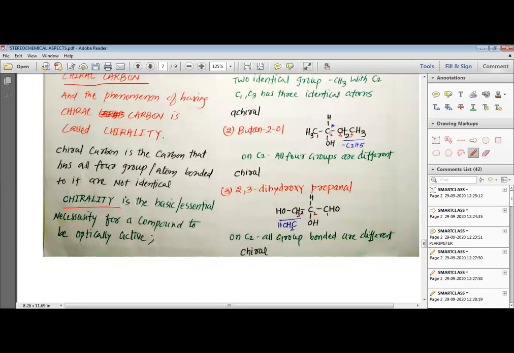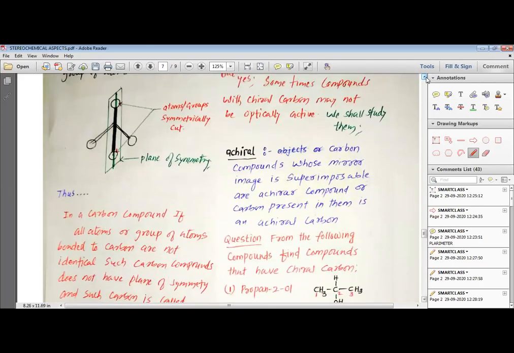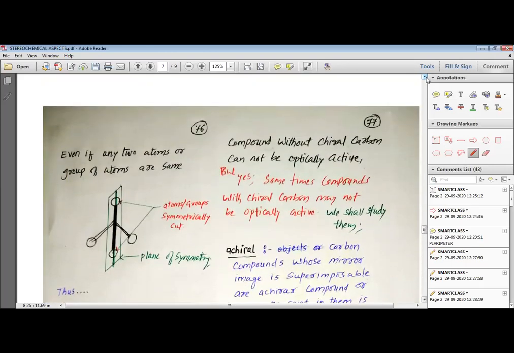Chirality is the basic or essential necessity for a compound to be optically active. So if any compound is optically active, we can blindly say that the compound must have chiral carbon.